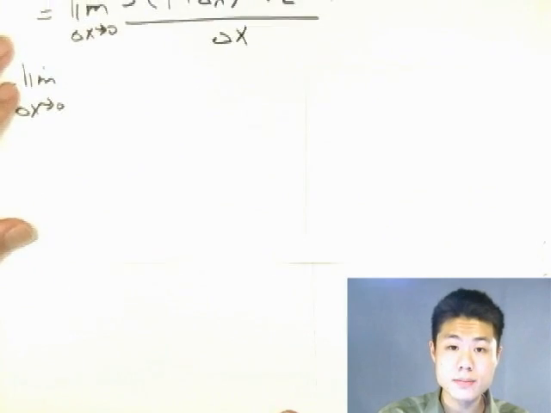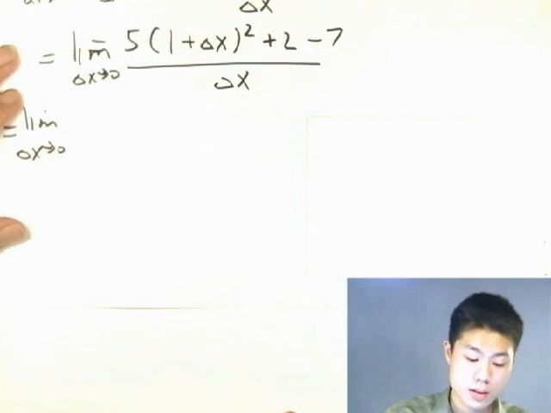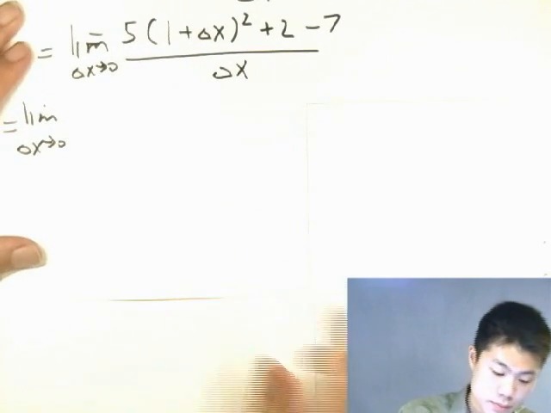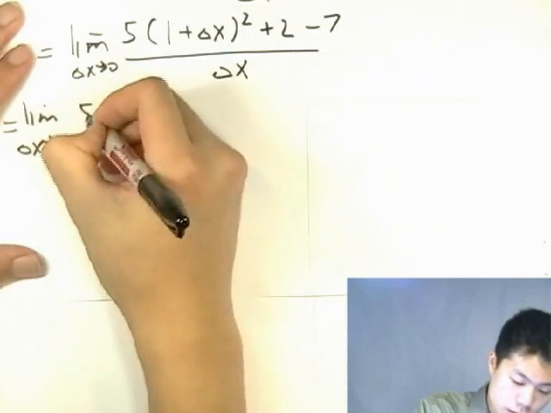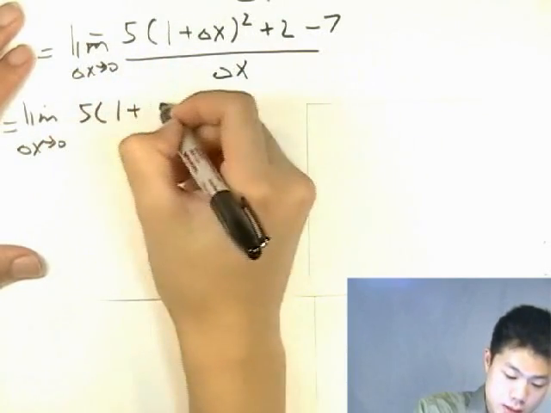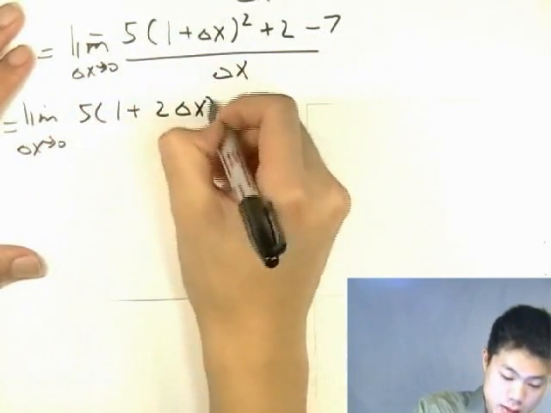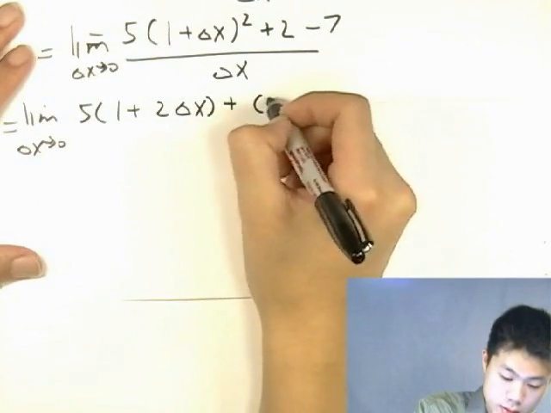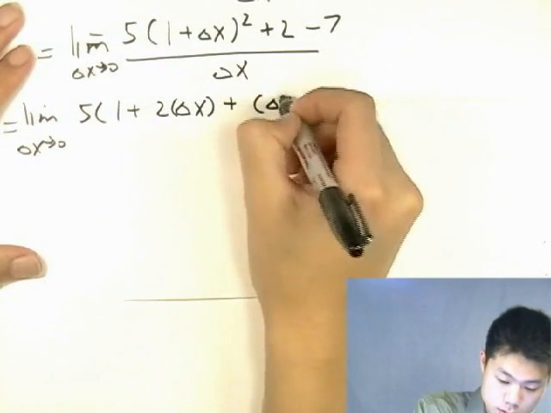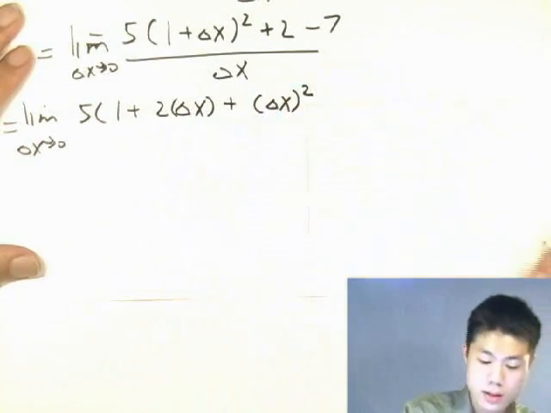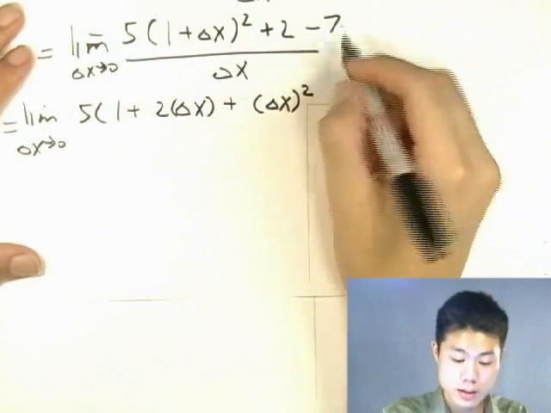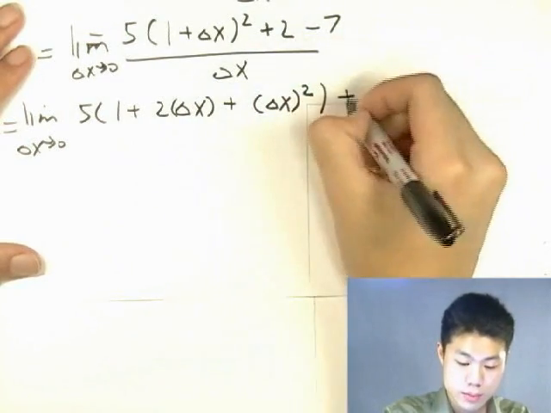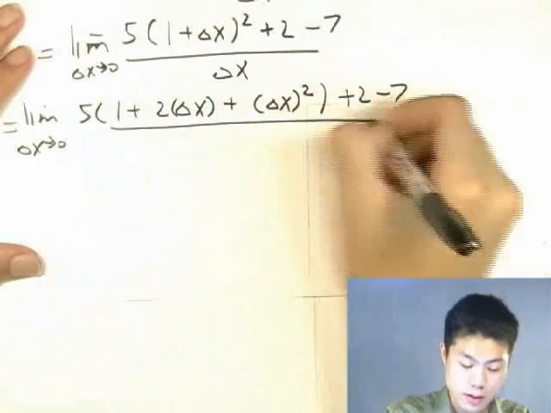So what we get now is 5 times 1 plus 2 times delta x plus delta x squared, plus 2 minus 7 all over delta x.